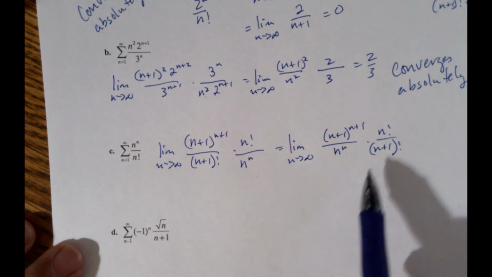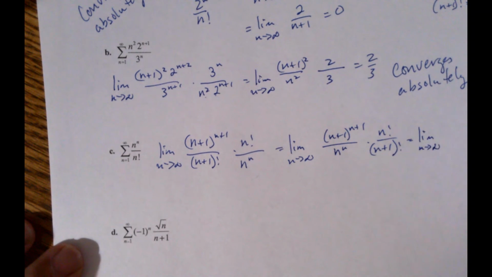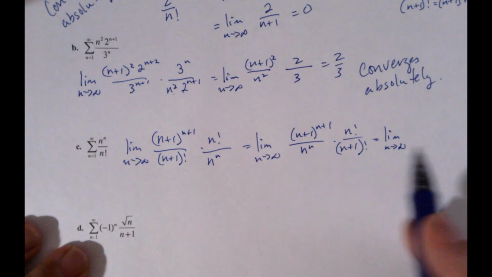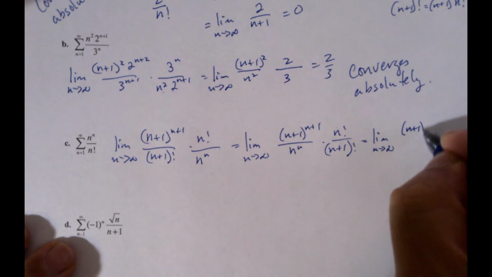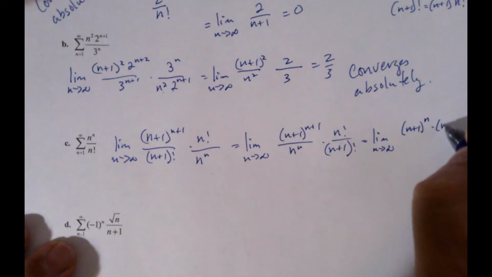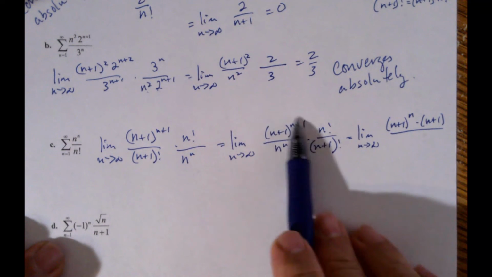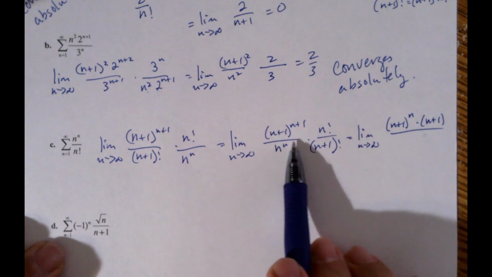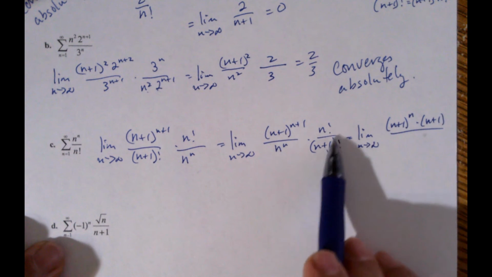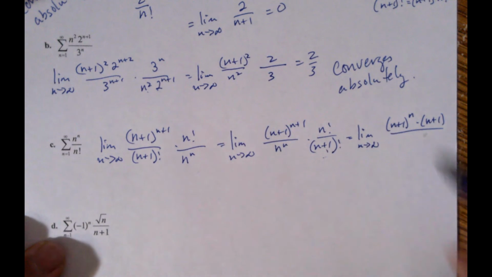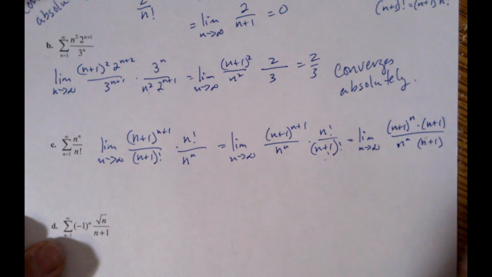Okay, so these two reduce to, so that's over n plus 1. So what I have is, now I'm going to do something weird, n plus 1 to the n times n plus 1, right? So what I've done is write this numerator as this, right? The n plus 1 to the n plus 1 means there's n plus 1 to the n, and then there's an n plus 1 to the first power. This reduces to n plus 1, and I'm not doing anything with that. Just copying that. So these reduce again.